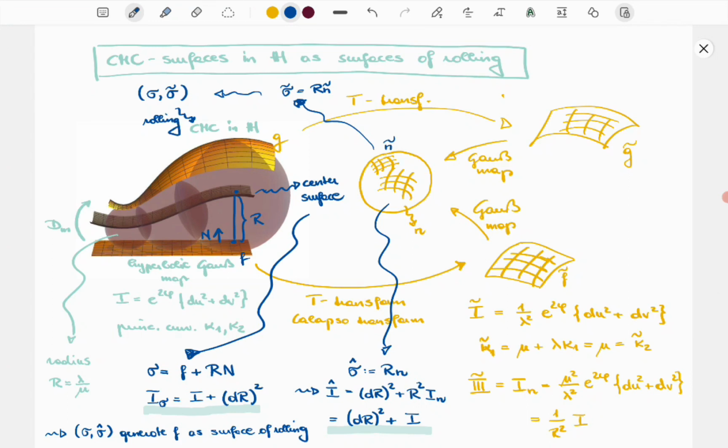So this construction now gives a way of generating any CMC surface in hyperbolic space as a surface of rolling.